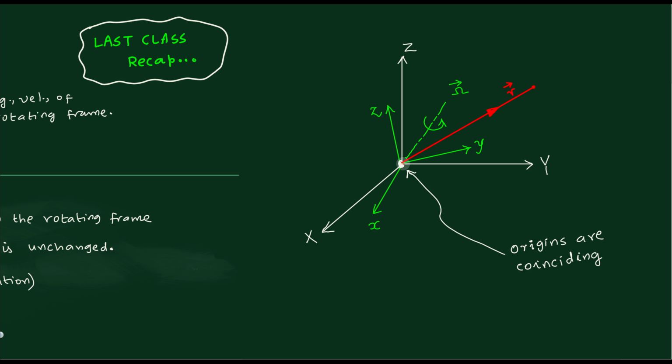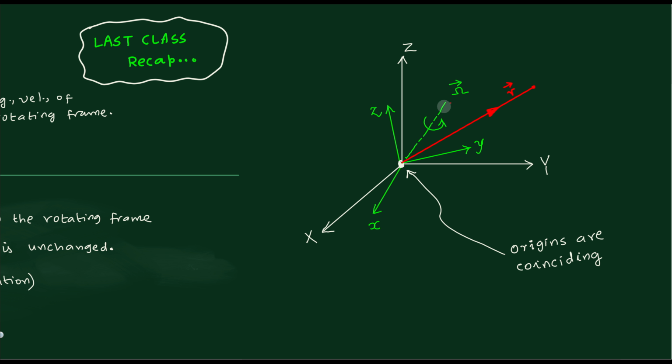At the same time, you also require an axis of rotation, and the direction of rotation is also shown here. Once all these things are shown, you can apply the screw rule. You take a screw and rotate it in the direction shown. How the tip of the screw moves forward will be the vector omega.